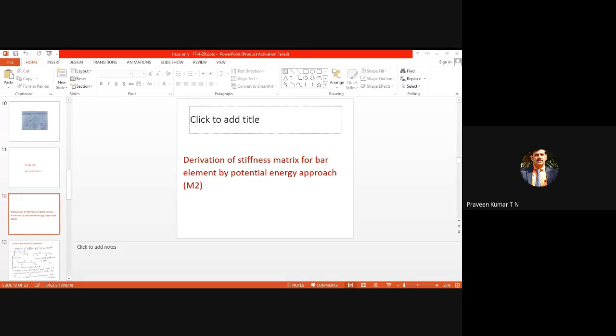KQ = F is based on the assumption that the system is in the equilibrium position. In heat transfer, it is the thermal equilibrium condition, as you studied in thermodynamics 1 and thermodynamics 2. Whatever equation is derived is based on the thermal equilibrium condition. You are assuming the system is in the steady state condition.